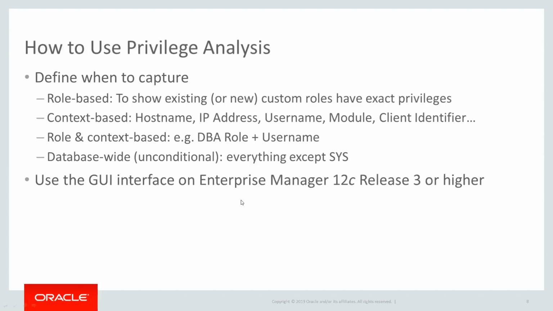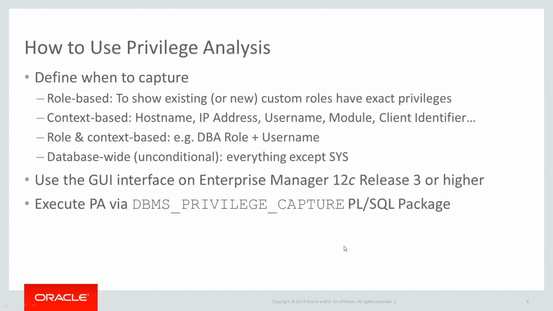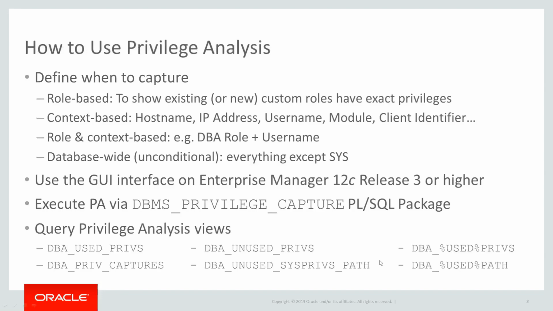To kick off and to monitor privilege analysis, we can use the GUI in Enterprise Manager 12c Release 3 or higher, or we can execute it via the PL/SQL package, and we'll do both today. Some of the views that I want you to look for during the demonstration: DBA_USED_PRIVS, DBA_UNUSED_PRIVS, and DBA_PRIV_CAPTURES. DBA_PRIV_CAPTURES is where we'll see what privilege captures we have executed and whether they're currently enabled or not.